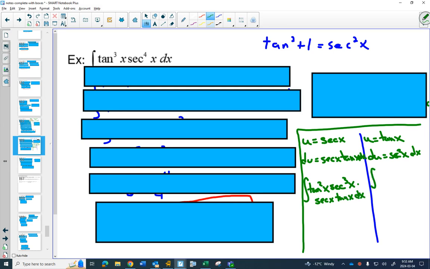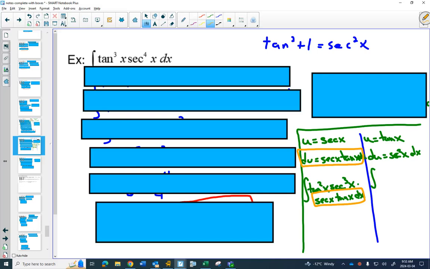So what I'm going to do with both of these strategies is I'm going to rearrange my original function so that I have that derivative. So in the first one, if I make u secant x, I know that du is secant x tan x, so I rearrange my original integral to match that up. And I'll do the same thing for the other one.